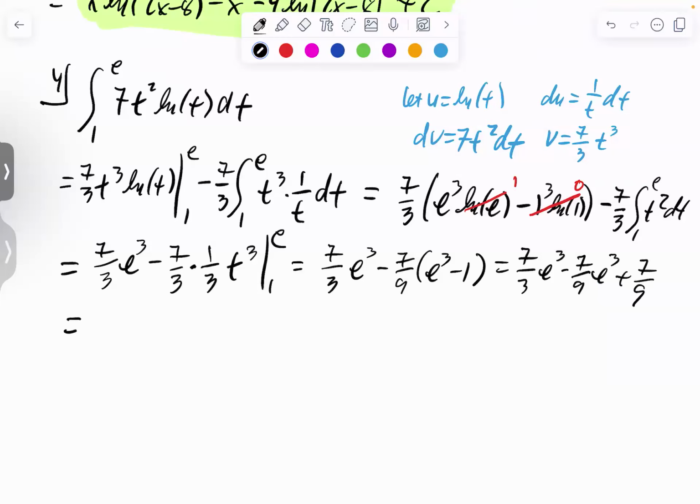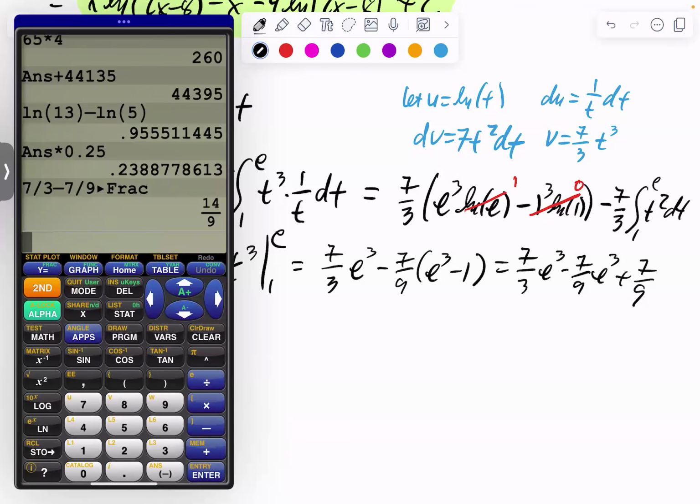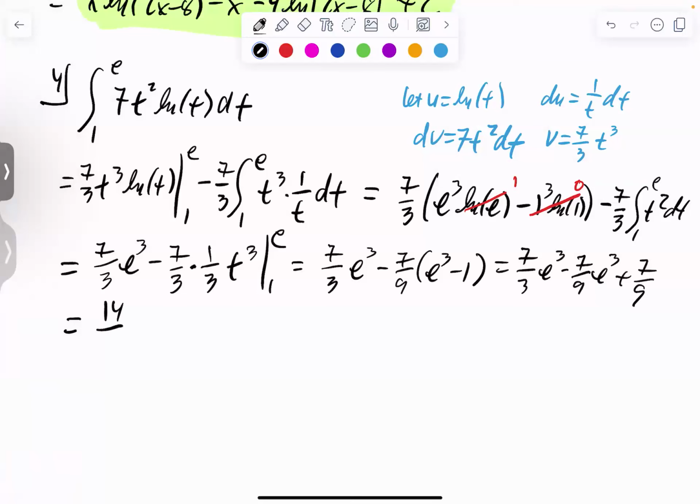I see like terms, we have e to the third, e to the third. So 7/3 minus 7/9 is 14 over 9. Seven ninths, and that is our answer. Now, believe it or not, all of that is just some decimal approximation. So we could actually multiply all that out. I'm not going to bother, but you could.